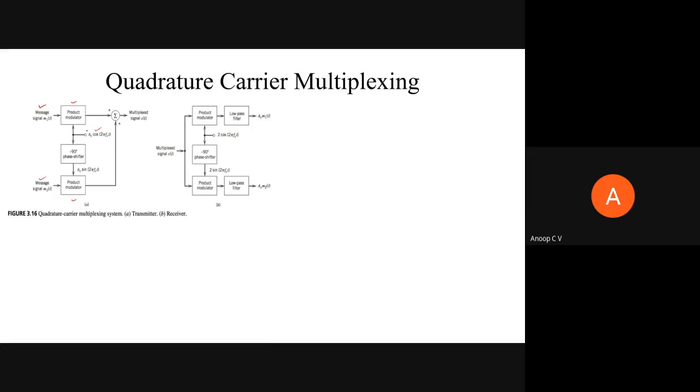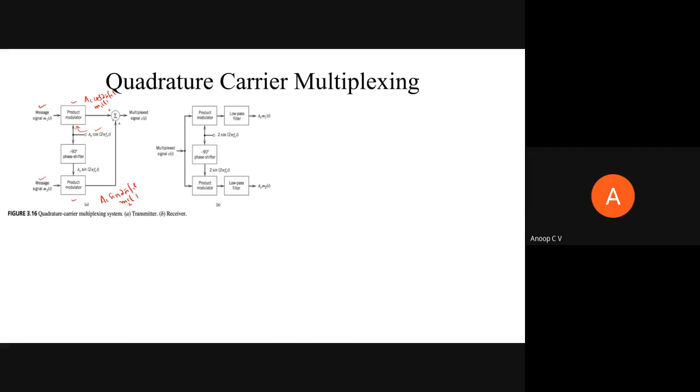Ac cos 2 pi fc t as such is given to product modulator 1, and Ac cos 2 pi fc t phase shifted by minus 90 degrees is given to product modulator 2. So the output of product modulator 1 will be Ac cos 2 pi fc t times m1(t), and here it will be Ac sin 2 pi fc t times m2(t).